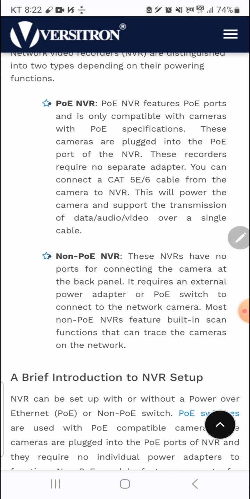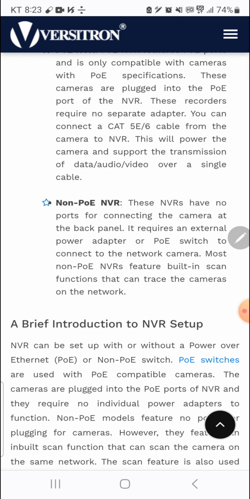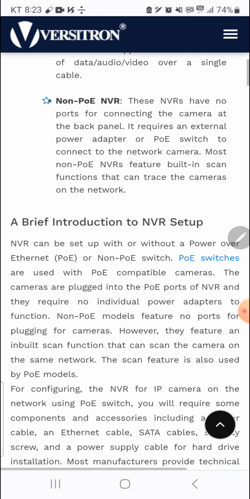These recorders require no separate adapter. You can connect a Cat 5e or 6 cable from the camera to NVR. This will power the camera and support the transmission of data, audio, and video over a single cable. So the signal, the traffic, consists of data, audio, and video.